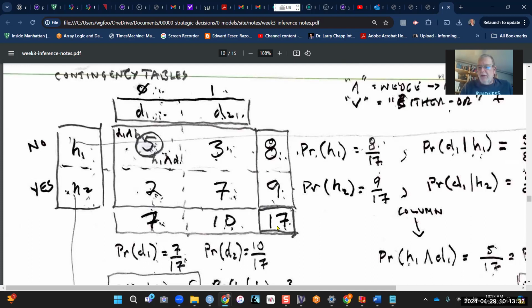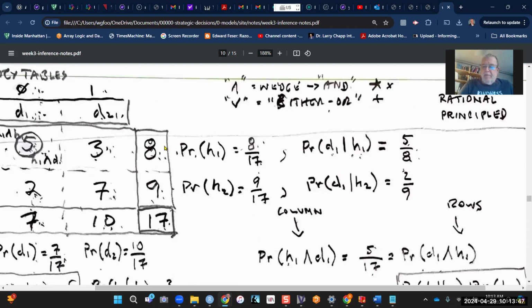And you see I have it down here. The probability of H1 and D1 is 5/17. The probability of D1 and H1, just flipping that, columns versus rows, is still 5/17.